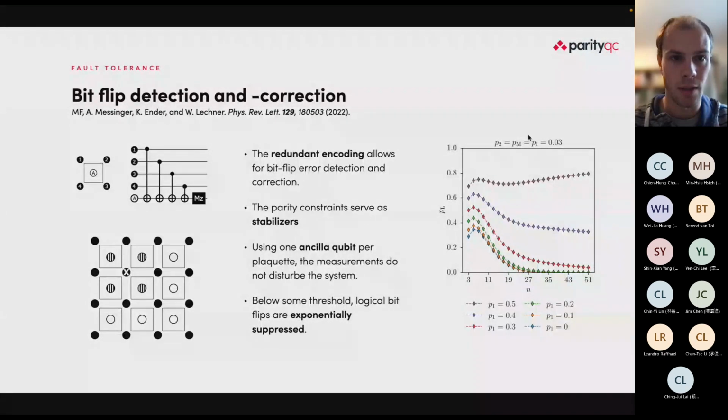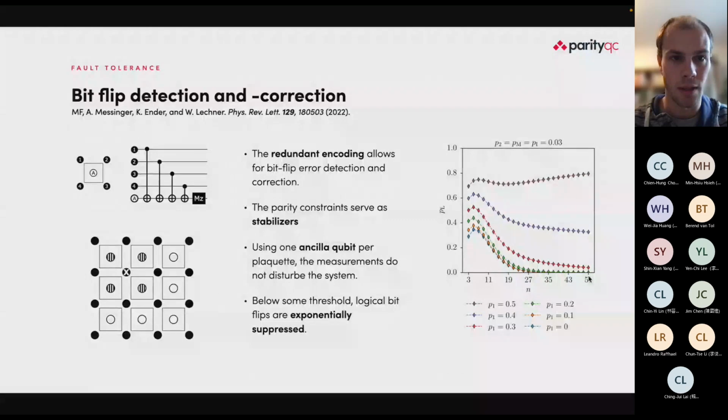So we chose here the 2-qubit error rate equal to the measurement error rate, equal to the initialization error rate, equal to 0.3, and we varied the single qubit error rate among different values. Of course, if it's larger than 0.5, the logical error rate diverges, and otherwise it goes to 0 exponentially.